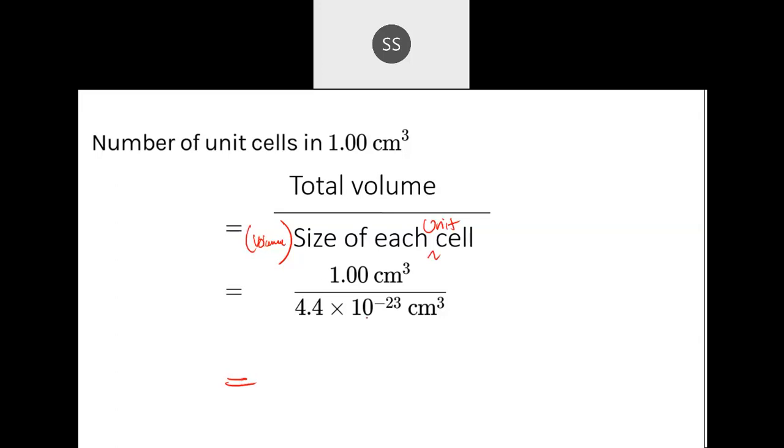So when you divide, you will get around 0.227. You can write 0.227 or 2.27 into 10 to the power minus 1.